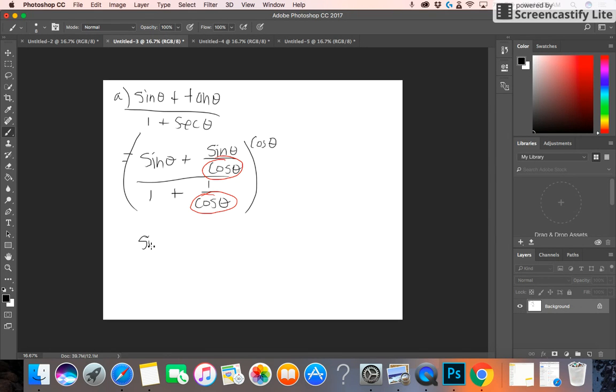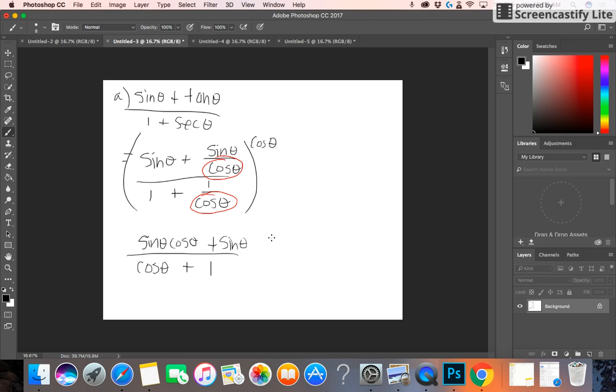The sine would turn into sine cosine, and then the sine over cosine, the cosine would cancel out, leaving just one sine. And this is all over cosine times 1 is cosine, plus the cosine cancels out, and then it just leaves 1.